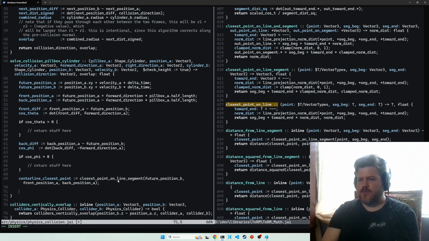Or the distance along this vector. Yeah, I need to get the normal anyway, so I'm going to be like that.